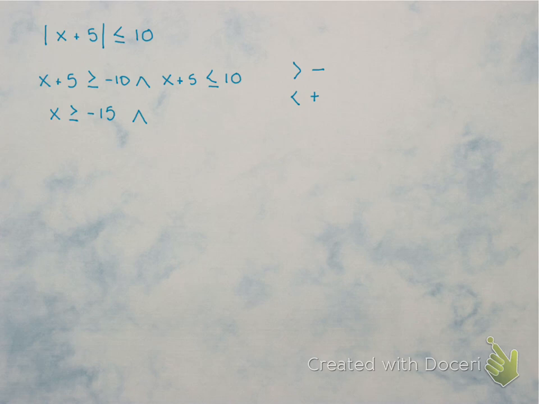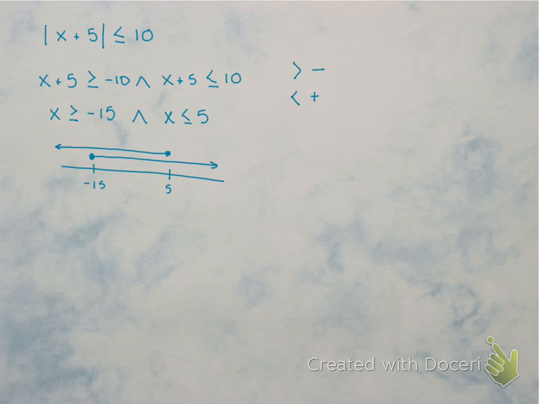Okay, then if we subtract 5 from both sides in the other inequality, we get that x is less than or equal to positive 5. And we're going to graph the solution set just to make sure that this is, in fact, a conjunction, that the solutions overlap. So greater than or equal to negative 15 and less than or equal to 5.